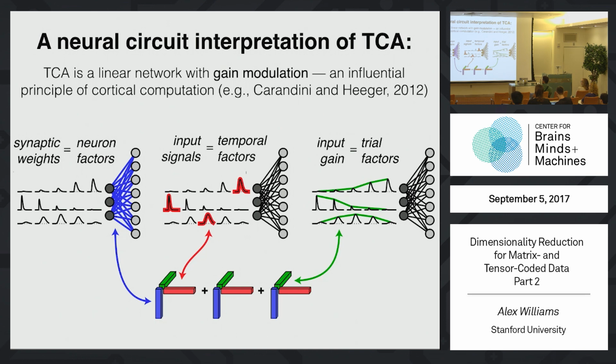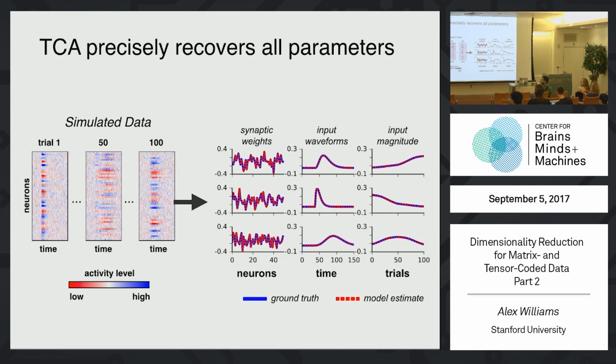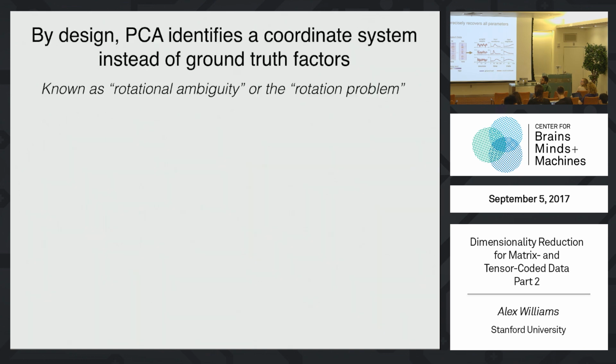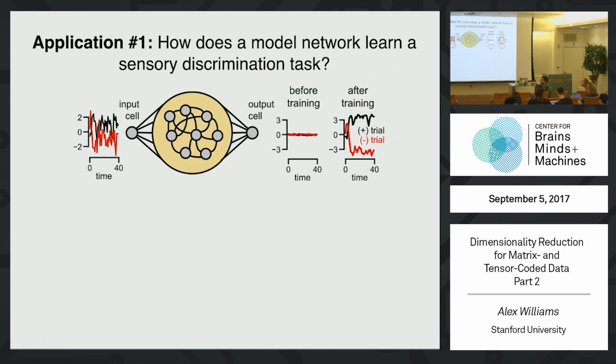This is your network. Real neural networks have nonlinear synapses and recurrent dynamics. What I'm going to show you now is that in a nonlinear recurrent network, it actually gives you something quite insightful.